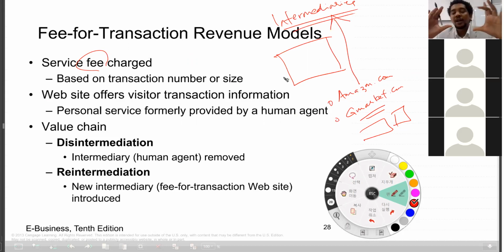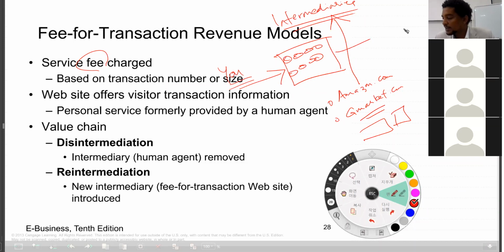They display products from different companies. Okay? So as a user, you open Amazon.com or Gmarket.com, you view products, their prices, and you buy these products. Okay? So they sit between you as a customer and the companies selling their products. So there could be thousands of companies' products displayed here.